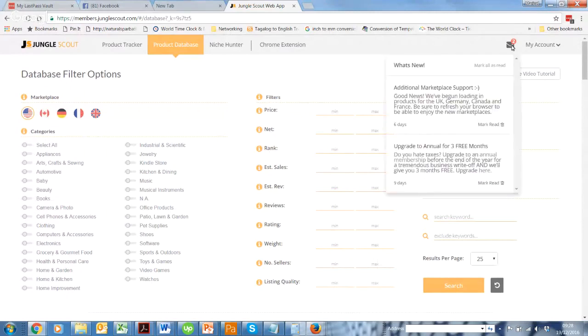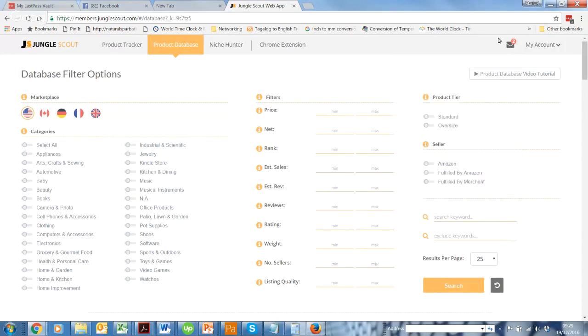Now, I've noticed I've got a couple of emails from the team over at Jungle Scout, and what they're saying is they've made some changes, basically, and they'll give you a quick upgrade if you jump in now. They're calling it the end of year tax write-off, because this is a business and you're investing in the business.